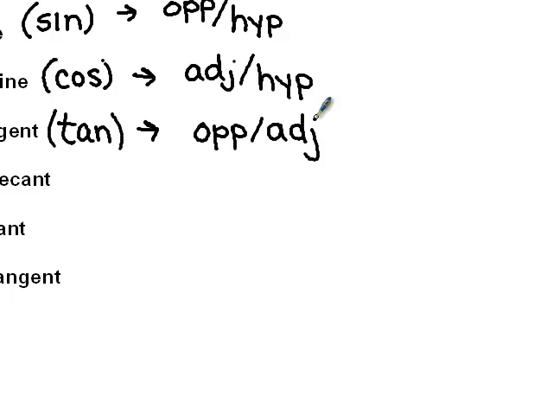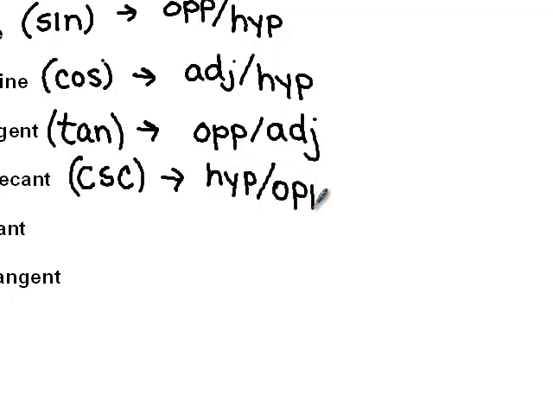Cosecant is the opposite of sine, so we're going to flip these two. And first, let's go ahead and put the abbreviation for it. If it's the opposite of sine, it's going to be the hypotenuse over opposite. The secant is the opposite of cosine.